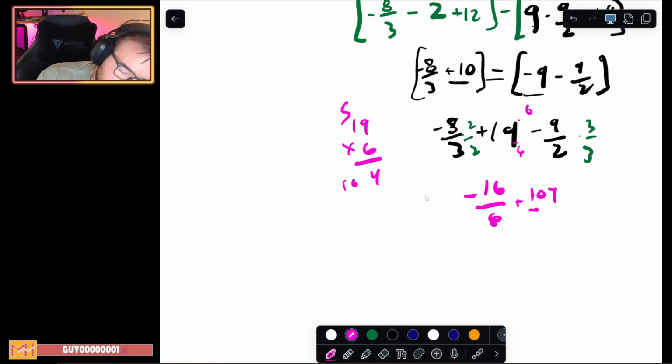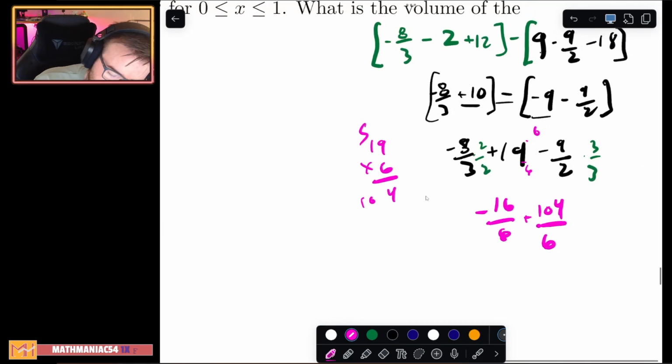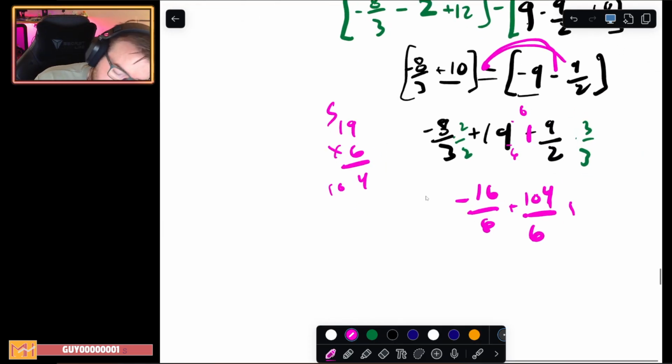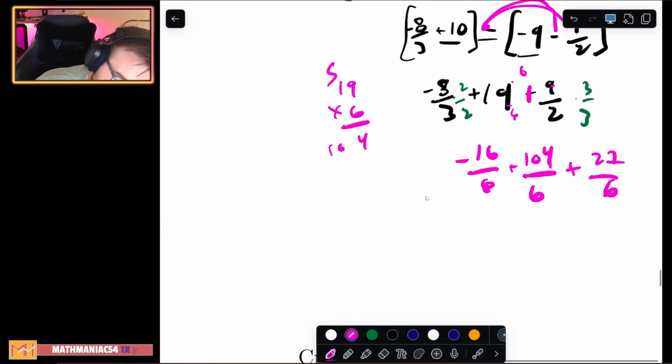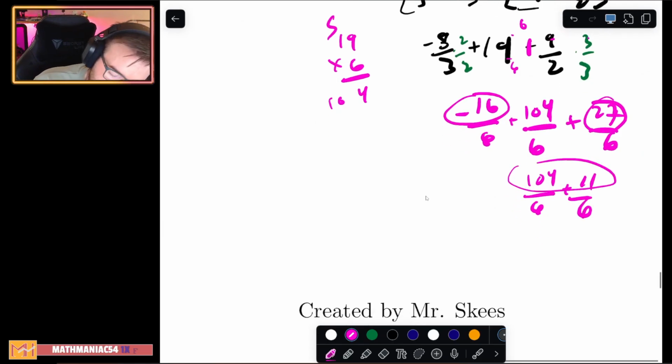So plus 104 over 6. Ooh, minus the negative 9 is plus 9 halves. So plus 9 times 3 is 27 sixths. 27 minus 16 is 11 sixths. 104 plus 11 is 115 sixths.